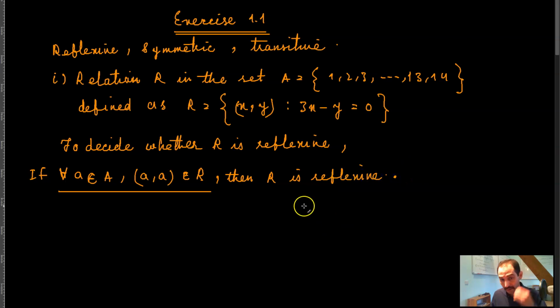That is the condition, right? In this case, (a, a) belonging to R is not possible here, because every ordered pair that belongs to R, based on the condition that we have here, has y always equal to 3 times x, meaning that y and x can never be the same values. Which means that R is not reflexive.